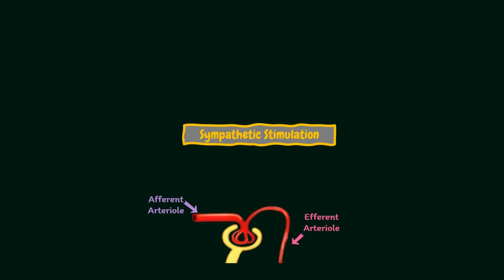Seventh factor is the sympathetic stimulation. Afferent and efferent arterioles are supplied by sympathetic nerves. The mild or moderate stimulation of sympathetic nerves does not cause any significant change either in renal blood flow or glomerular filtration rate. Strong sympathetic stimulation causes severe constriction of the blood vessels by releasing the neurotransmitter substance such as noradrenaline.